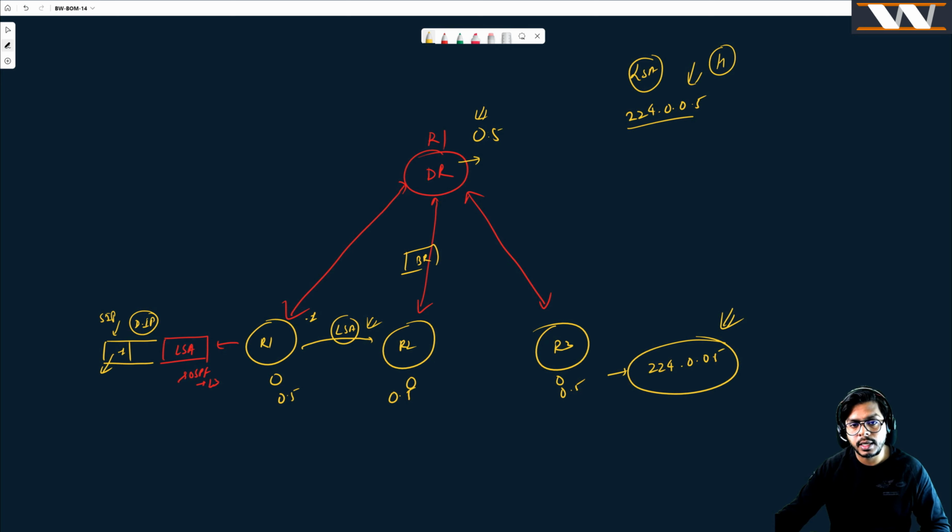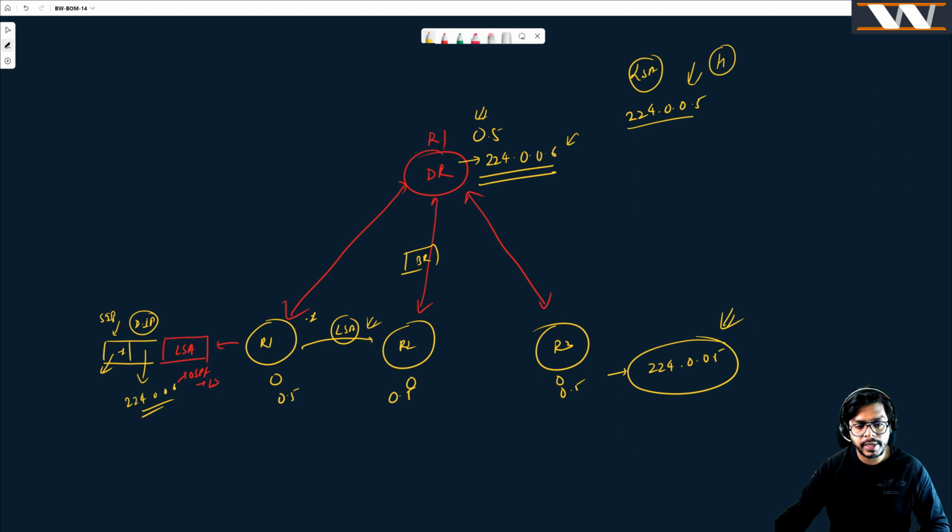I have asked this DR, okay, you are listening at 224.0.0.5, that is fine. Start also listening on 224.0.0.6. This is the multicast address of my DR. So this LSA, which you are going to encapsulate in the IP, the destination IP is going to be 224.0.0.6, right?